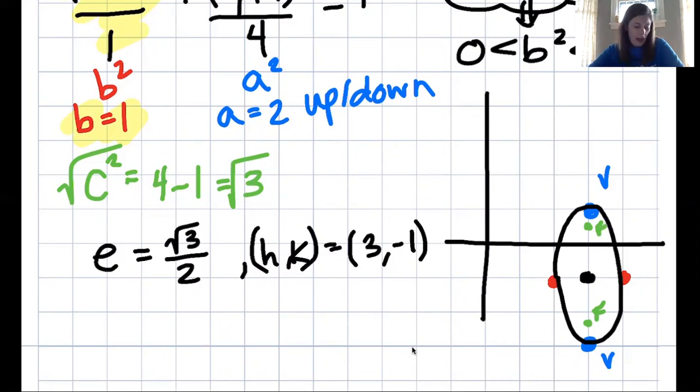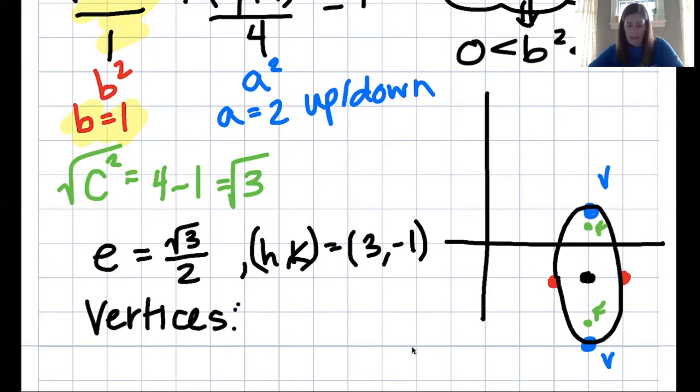Okay, let's see. Of the things that we want to label, we have our center point. We should be able to label our vertices. So notice in the vertices that the x coordinate is going to be the same as it was for the center.